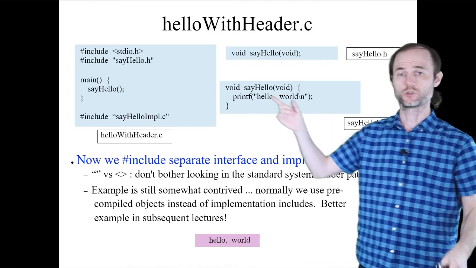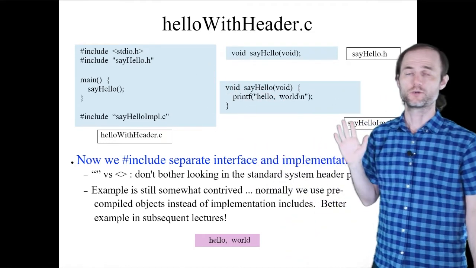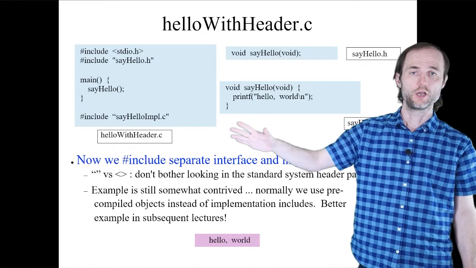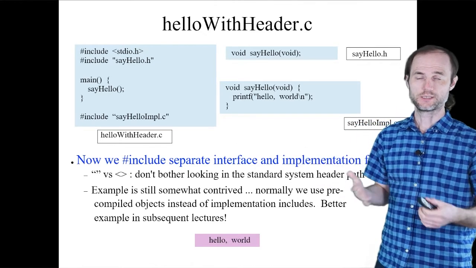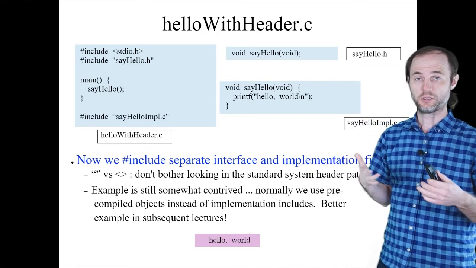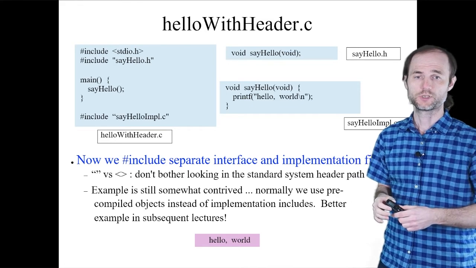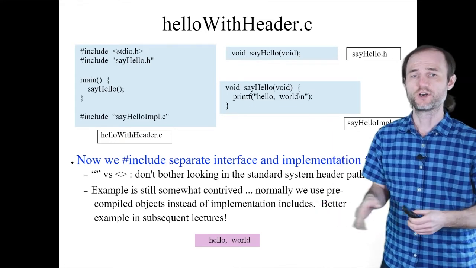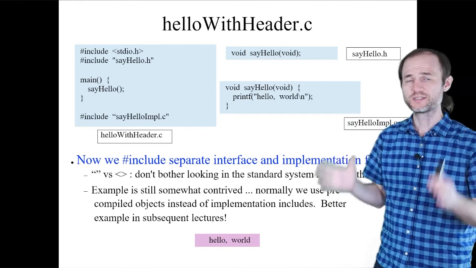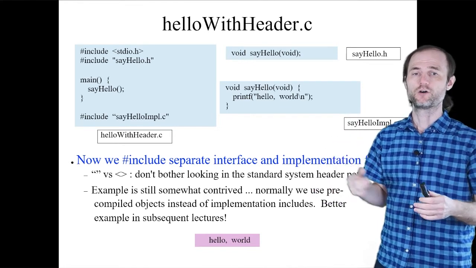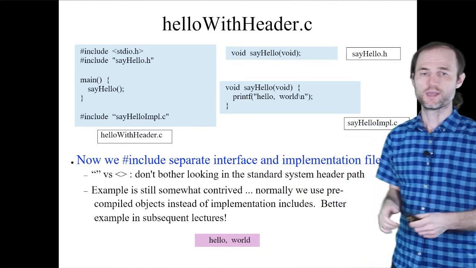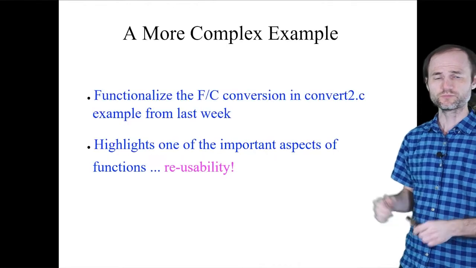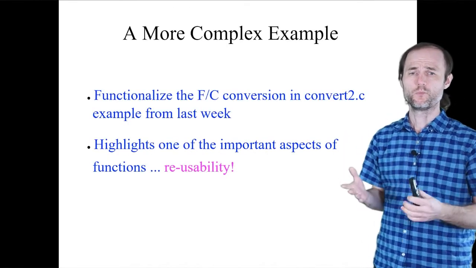As opposed to angular brackets, where the compiler will be looking for the libraries in the dedicated locations for the libraries. This is, of course, a very simplified example, but it does convey the idea of separating the interface and implementation files. Let's take a look at something that is more complex.